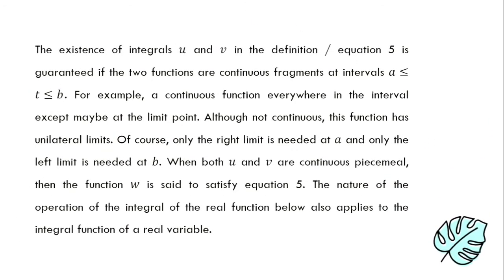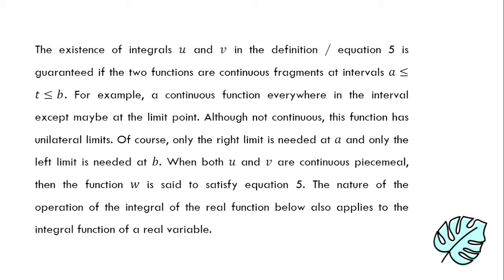The existence of the integrals of u and v in the definition, equation 5, is guaranteed if the two functions are piecewise continuous on the interval a less than or equal to t less than or equal to b. For example, a function continuous everywhere in the interval except maybe at certain points. Although not continuous, this function has one-sided limits.